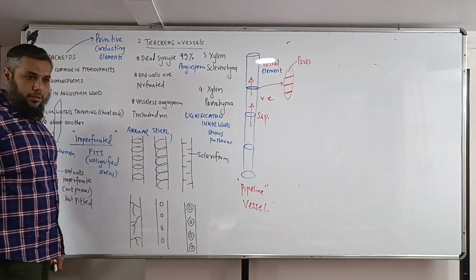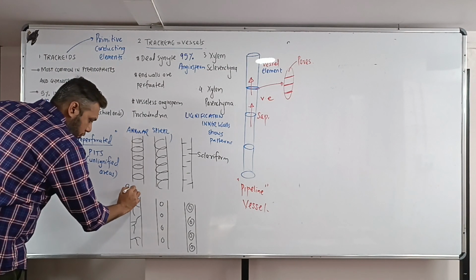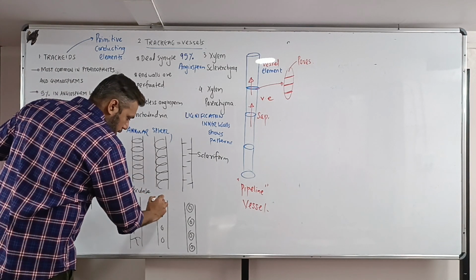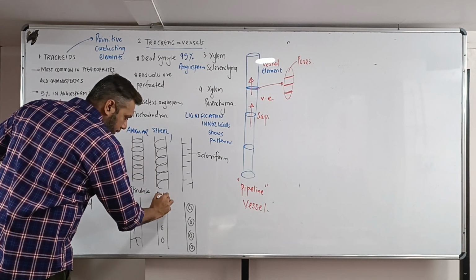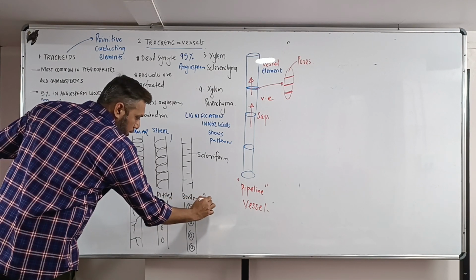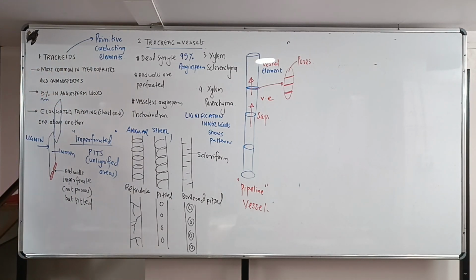Then this is a network, which is called reticulate pattern. This is called pitted pattern, and this is called bordered pitted pattern. So what are the different types of patterns which you know? Annular, spiral, scalariform, reticulate, pitted, and bordered pitted.